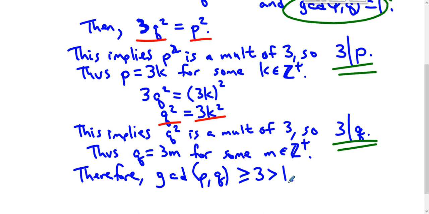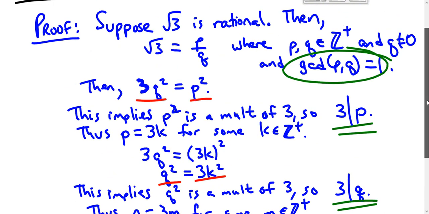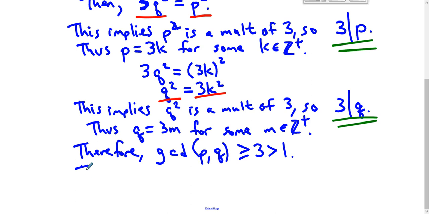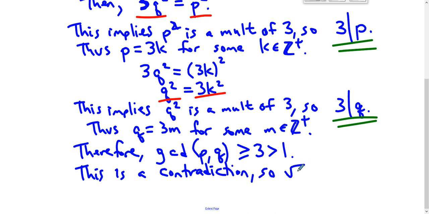So the GCD of p and q is at least 3, but the GCD of p and q has to be 1. This is a contradiction. So the square root of 3 is irrational.